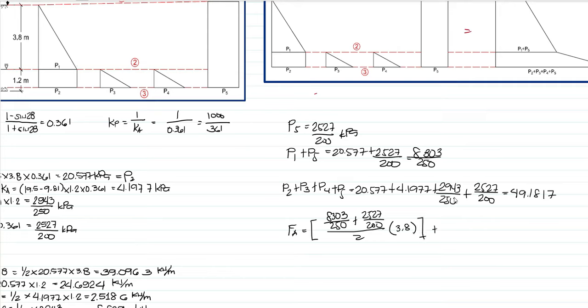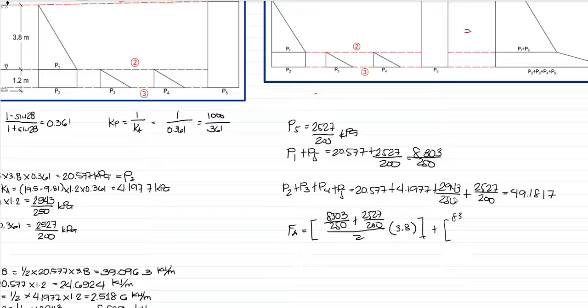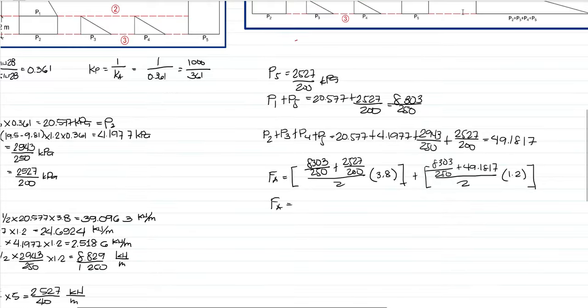Then, we add P1 plus P5 plus P2 plus P3 plus P4 plus P5 divided by 2. So, we add this and this. So, that is 8303 over 250 plus 49.1817 divided by 2 times the value 1.2. So, our resulting active force will be equivalent to a value of 136.5455.